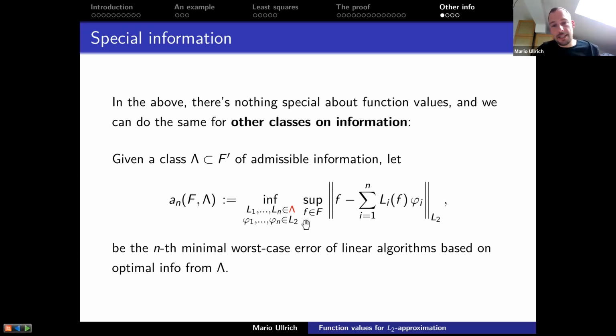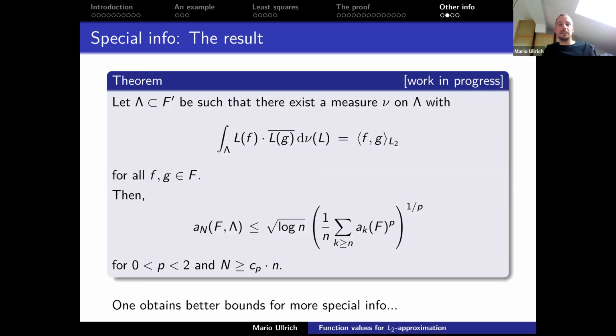And let me state just the result to see what the structural properties of our information is. So what we are now interested in is minimal worst case error that can be done by linear algorithms based on optimal information from the class lambda. And lambda is a given class of admissible information, might be function values or coefficients of something. And this is a work in progress. It basically follows directly, but you need some functional analysis stuff.